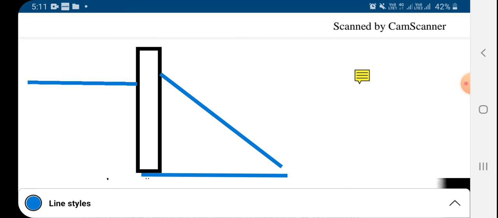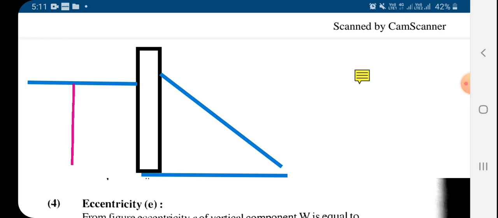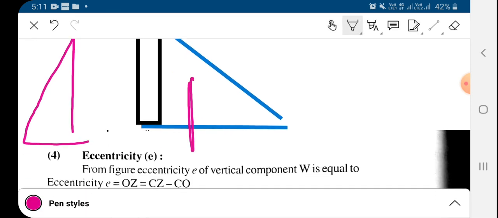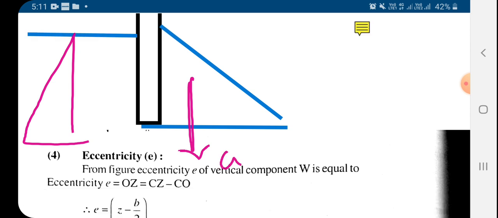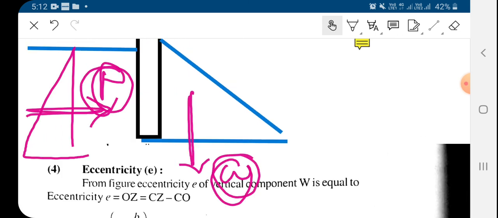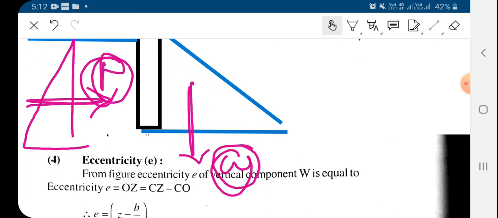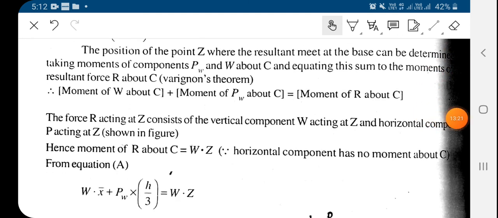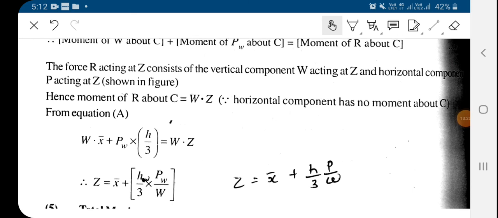Water will be up to this level, so there will be water pressure on this side, and the weight is acting here. We just have to keep these 2 things in mind: first is the water pressure P, and second is the weight W. If we understand these 2 points, then we can easily solve the questions. Examples based on these 2 points we will see in the next lecture, various examples based on these topics.